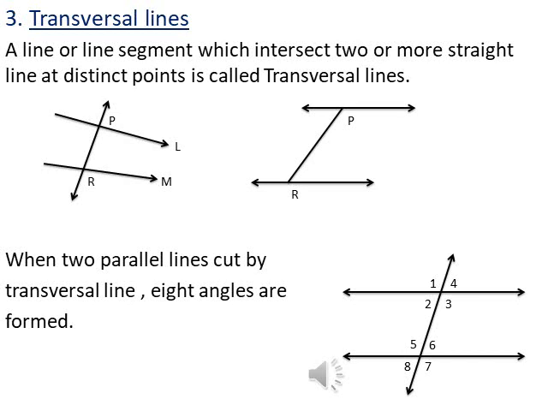So let's see, when two parallel lines are cut by a transversal, we are getting 8 angles. In this figure, two parallel lines are drawn, cut by another transversal, and we are getting 4 different angles here.